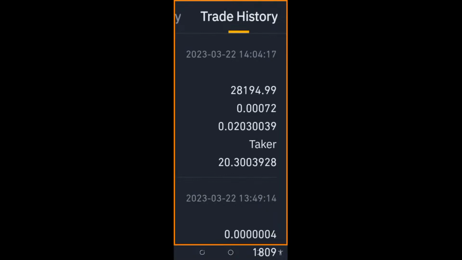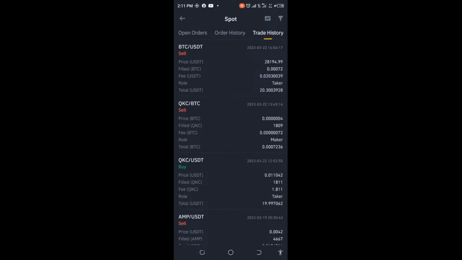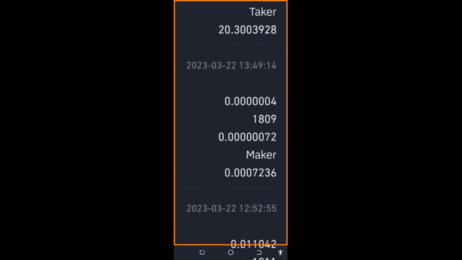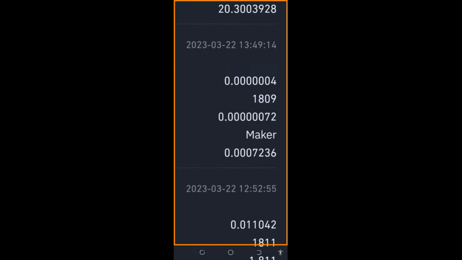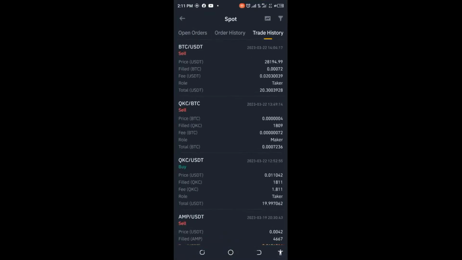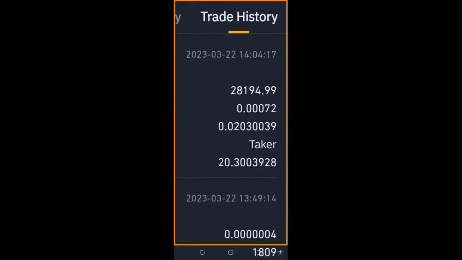We had 20.30 here, but don't forget that in the process we actually paid fees for QKC BTC. Did we? Yes, we did pay a fee. That's the amount of fees, as you can see there, 0.000072. Oh, yes, we paid a USDT fee here, about 2 cents. That's the reason why.